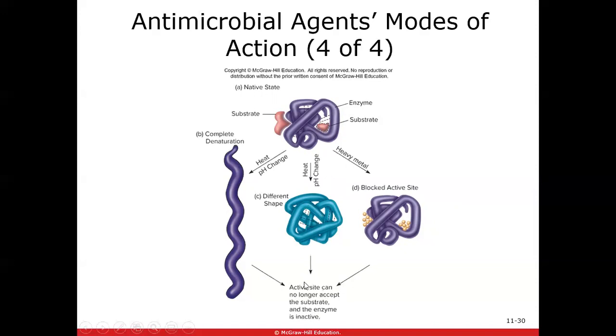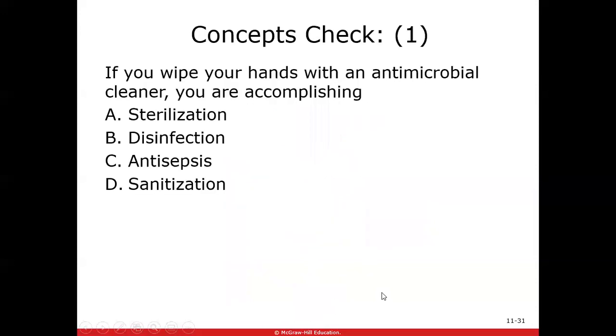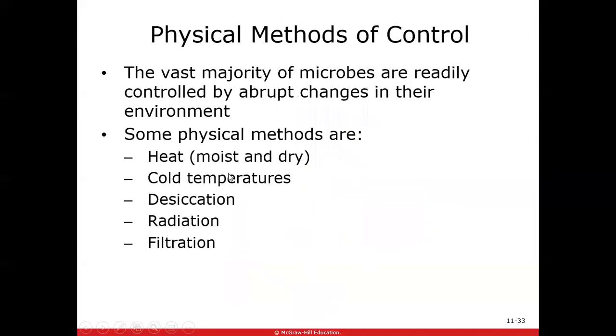So all of it comes back to this: the active site can no longer accept the substrate and the enzyme is inactive. Okay, if you wipe your hands with the antimicrobial cleanser, you're accomplishing what? Antisepsis. Very good.